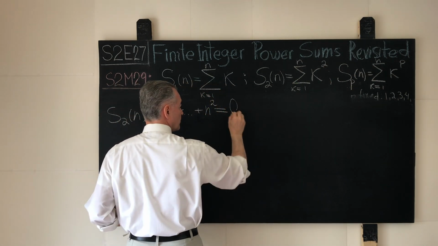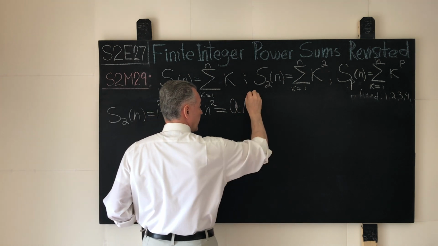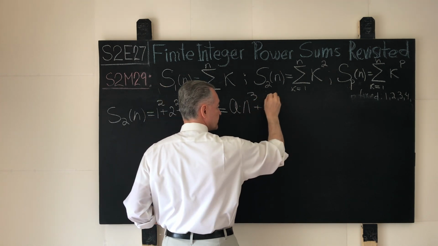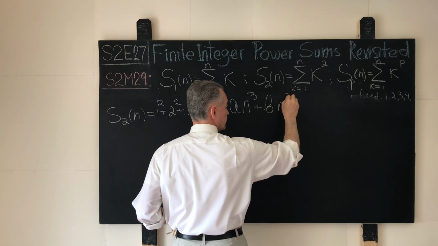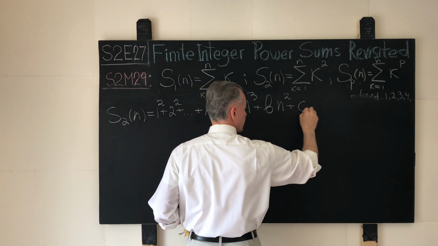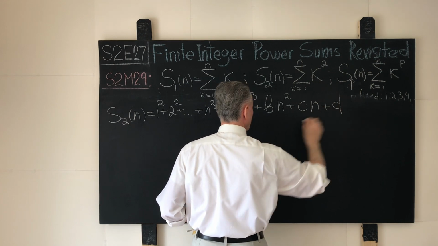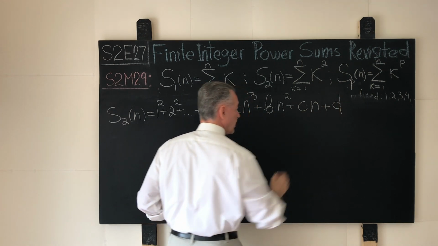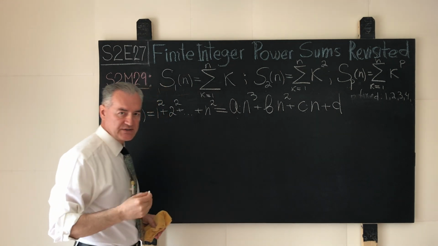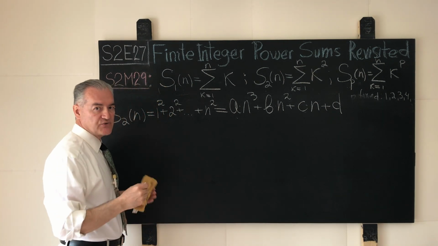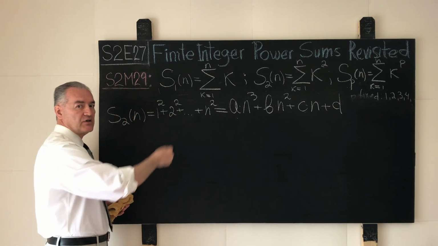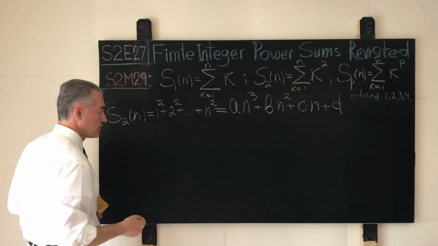How do we write it down? A times n to the third plus b times n to the second power plus c times n to the first plus d, where a, b, c, and d are constant, unknown to us, yet real numbers, whose values are to be recovered as we follow the steps of our algorithm.